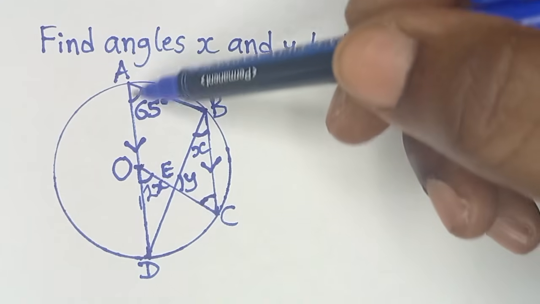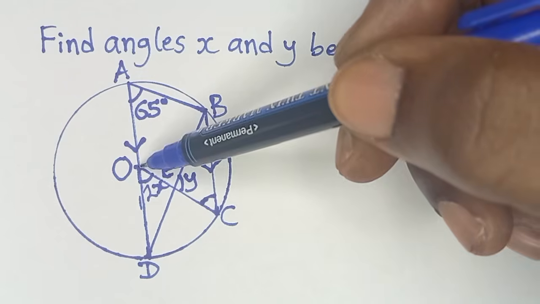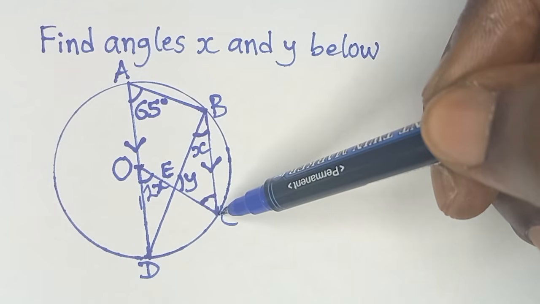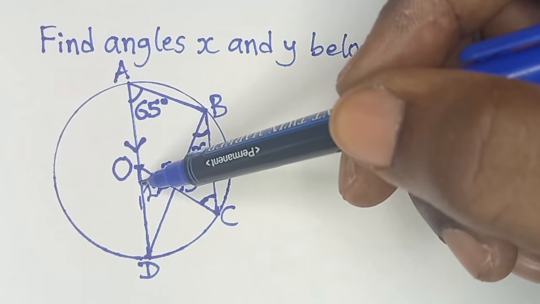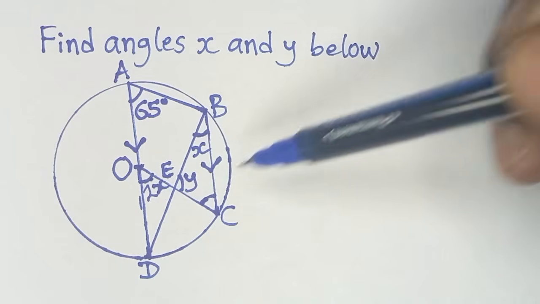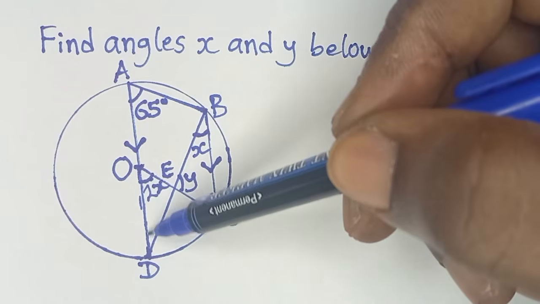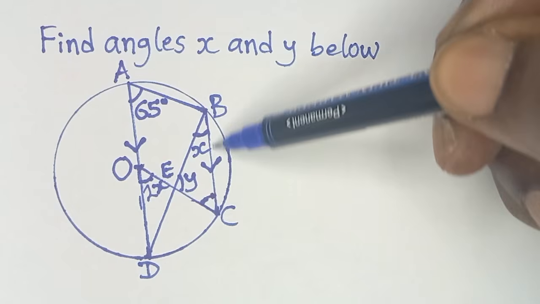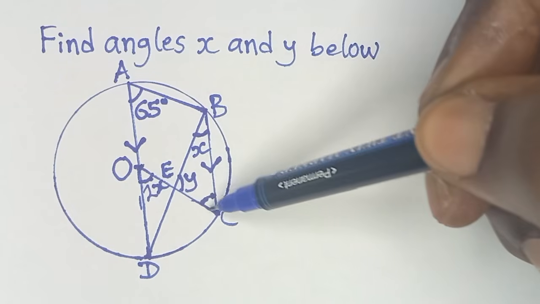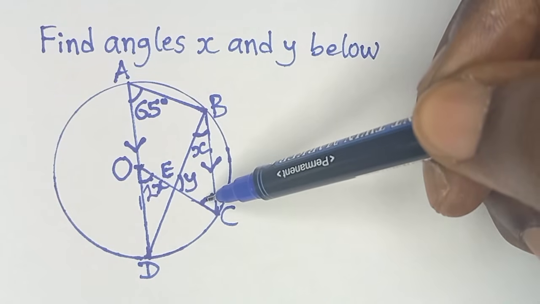Because if you check this parallel line and this parallel line, you have this transversal line joining them. So this elbow angle formed at this point will also be the elbow angle formed at this point. I usually say Z angle like this. You can see it, Z angle. So they are alternate angles and they are equal.